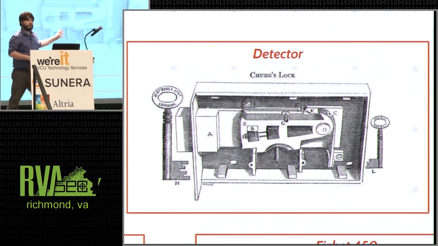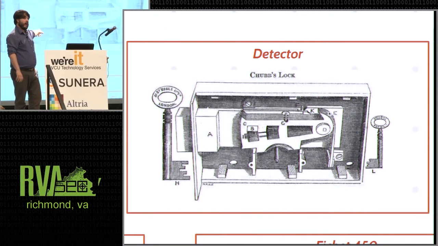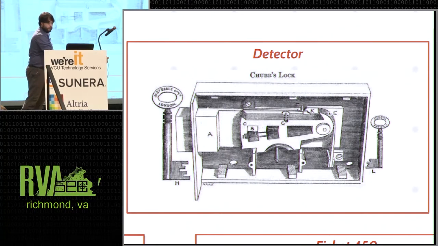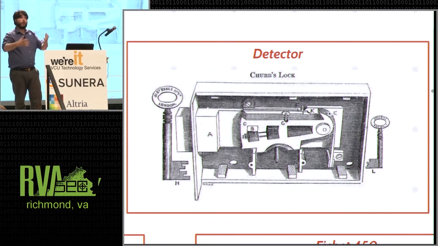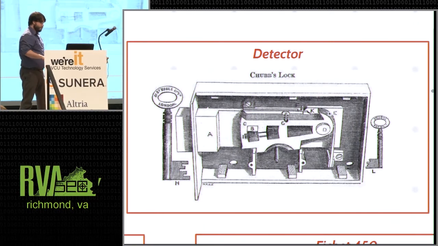In this case, if you lift the tumbler too high, not only won't it turn because we have our H-shaped interior of the tumblers, but it will also trip a spring on the top of the lock, which will fire a small bolt that locks all of the tumblers down into place and can't be moved anymore. The user would have a different key to unset the detector, but you, as the attacker, would have no more means to access the lock.